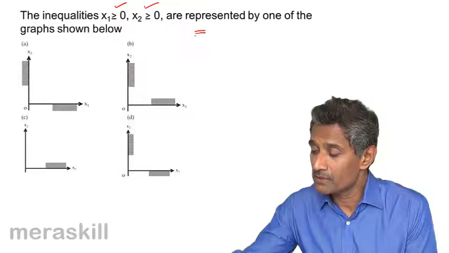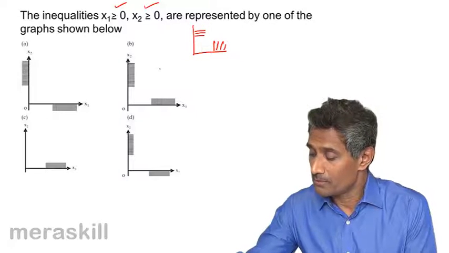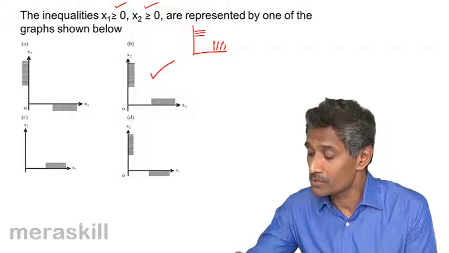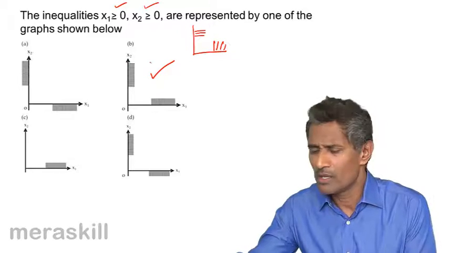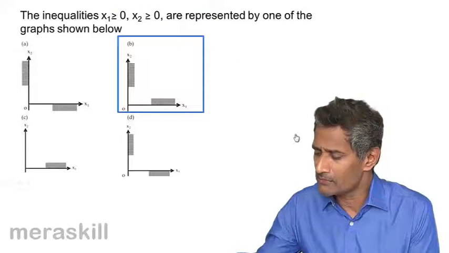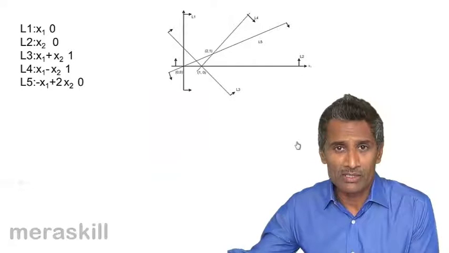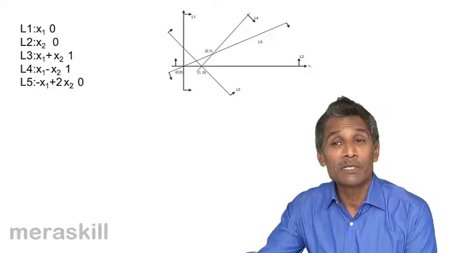Obviously it's going to be this particular region. Which among these is this? So this is the right answer, because x1 is greater than or equal to 0, x2 is greater than or equal to 0. I don't think we need to check the answer for this, but nevertheless we got the answer right over there.